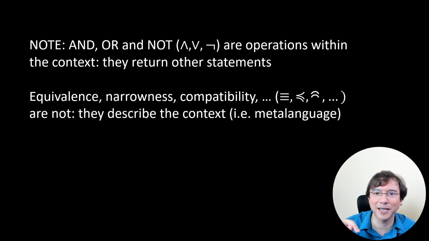So something like, the mass of the photon is less than 10 to the minus 13 electron volt, that's a statement in the context. And can the photon have a mass that is less than that, which would be a statement of possibility, let's say, that's not a statement in the context, that's a statement about the context.